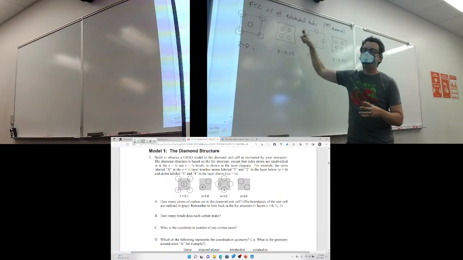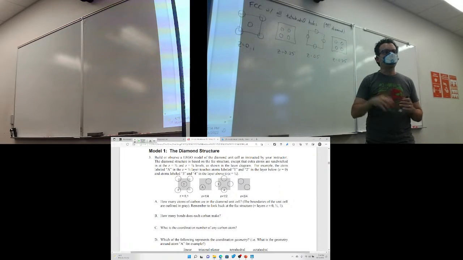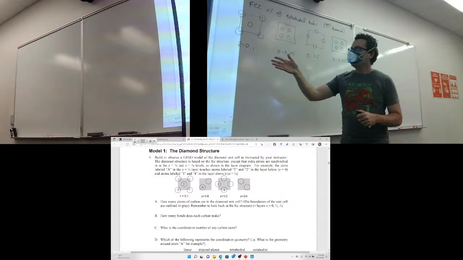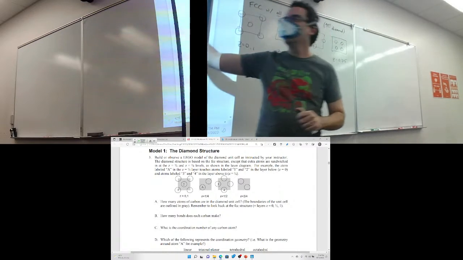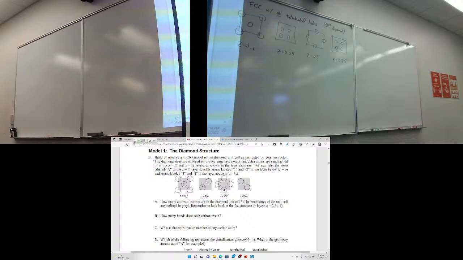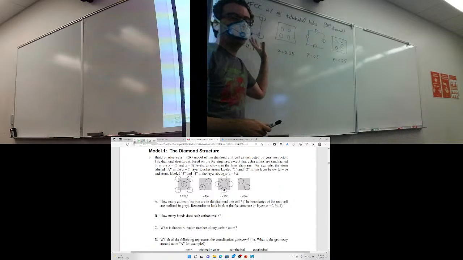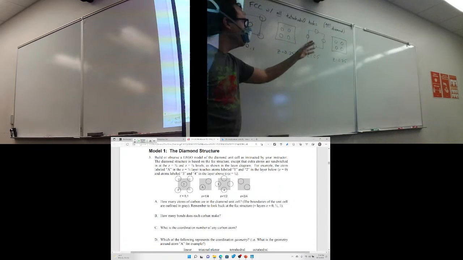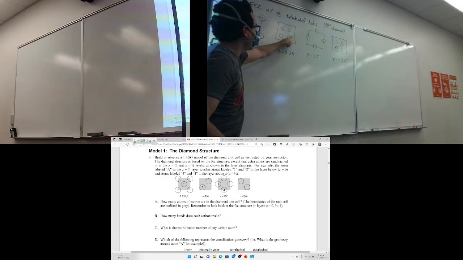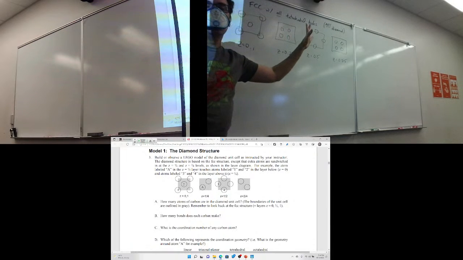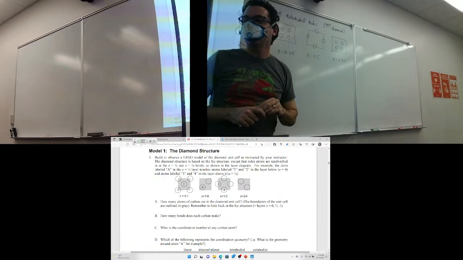So every one of these positions is an actual tetrahedral hole. But for diamond, only half of them are used. Does that kind of make sense? So that's not for diamond, and this is for diamond. This is just how we think of how diamond does this. Well, we pull everything apart. There's bigger spaces now, and those spaces are called tetrahedral holes. Sometimes they're all used. It depends on the structure, but not diamond. Diamond only uses half of them.